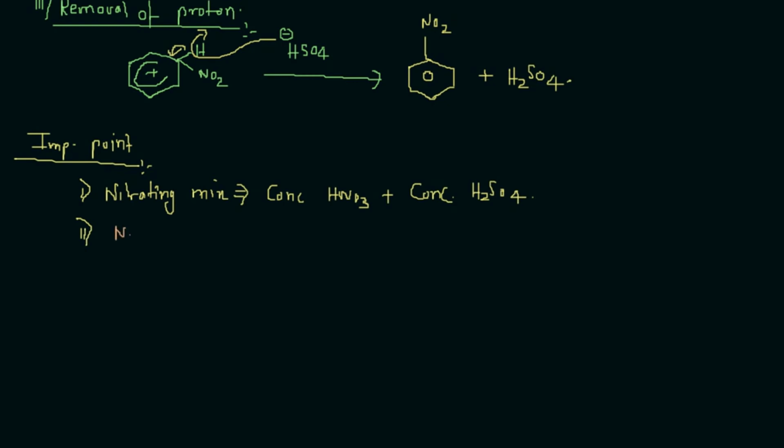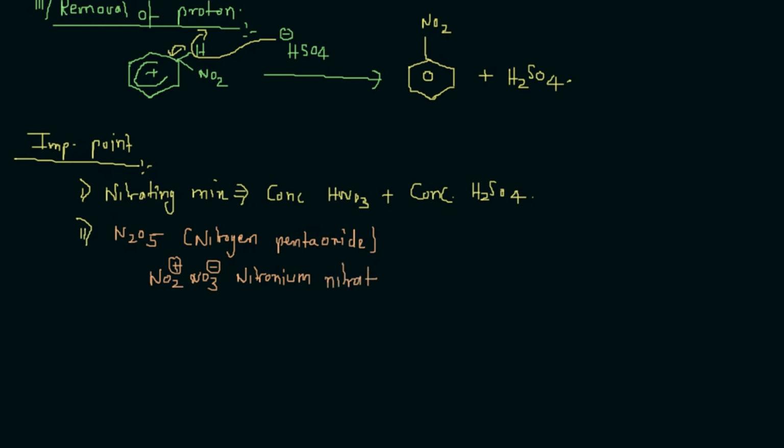Other than this, we can also do this particular reaction with the help of N2O5, which is called nitrogen pentaoxide, which has this type of structure, NO2 plus NO3 minus, called nitronium nitrate.